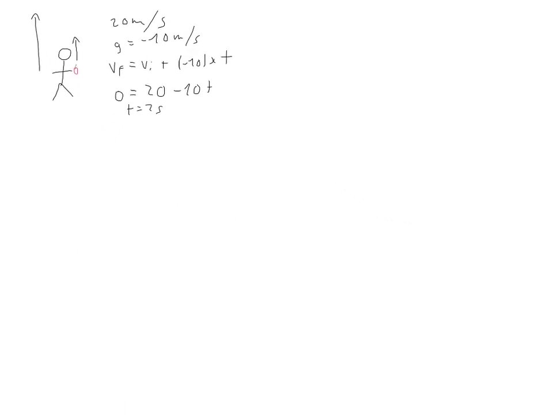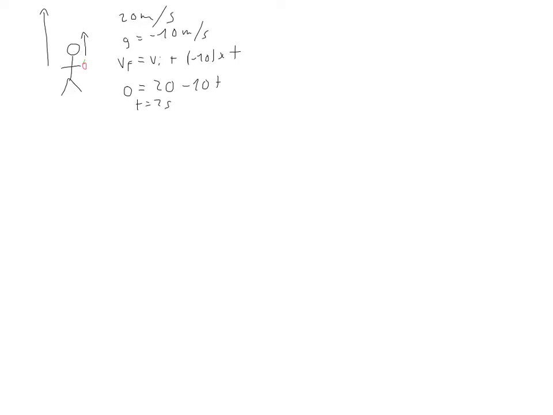Alright, so how high did this thing get? Well, we can do this in many ways. I'm just going to do the long formula way, because you're supposed to know this formula already. So we know that final position is the initial position plus the initial speed times the time. Remember that the dot means multiplied, plus 1/2 a t squared, right? In this case, final position will be, well, this is 0, because I just arbitrarily decide that this is 0.